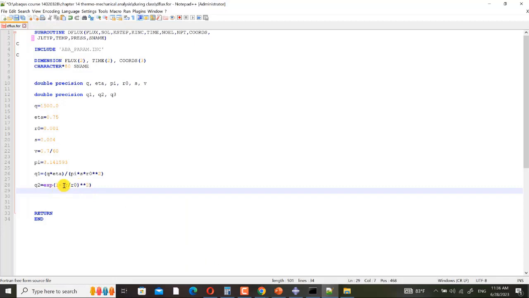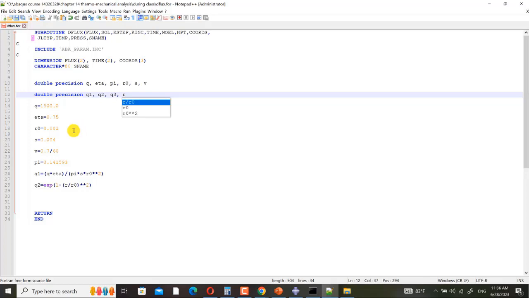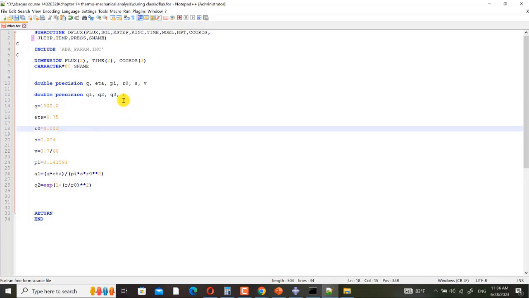And what is R? We must also define R. R is the distance between the center of the laser spot and each point in the region which I selected for applying heat source.